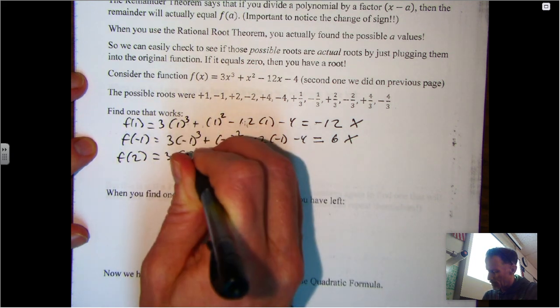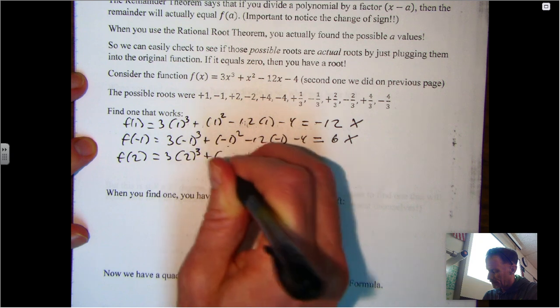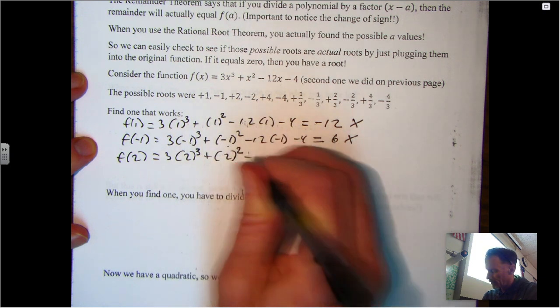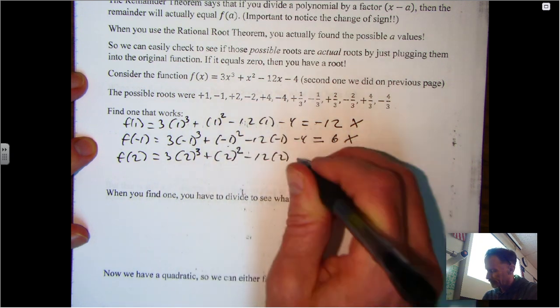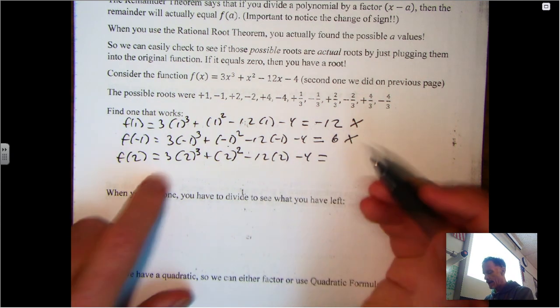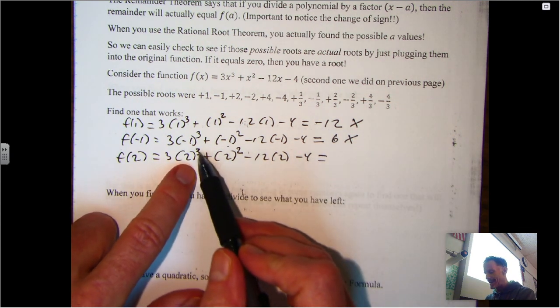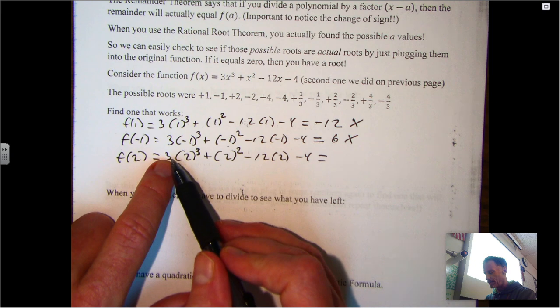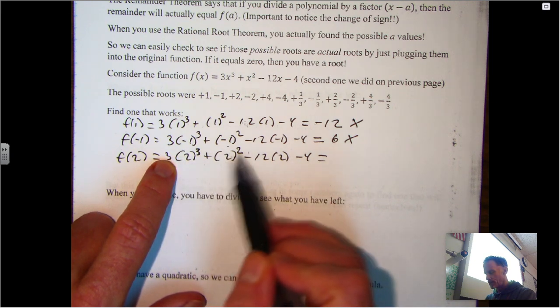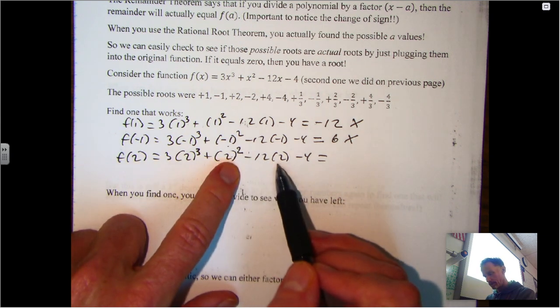So again, plug that 2 in everywhere. And look what happens here. 2 to the third is 8. 8 times 3 is 24. Plus 4 is 28. But then I subtract 24 and subtract 4.